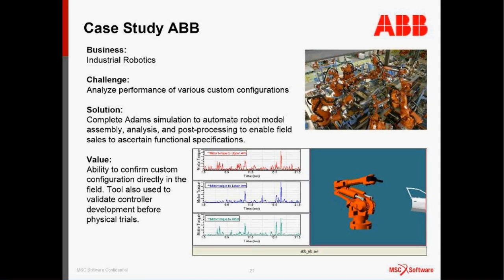The next case study is from a famous industrial robot manufacturer called ABB. So what they did is that they built the Adams model for their industrial robots and evaluated the simulation of their industrial robots under different types of operating scenarios.